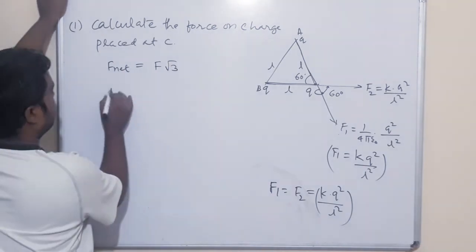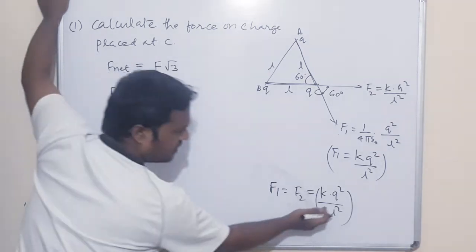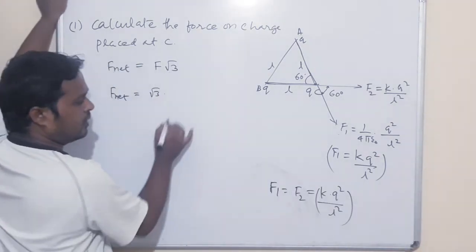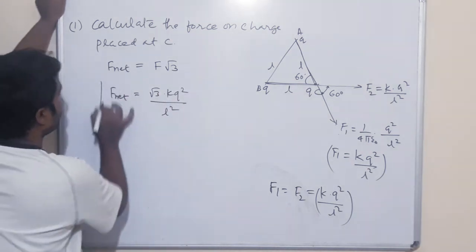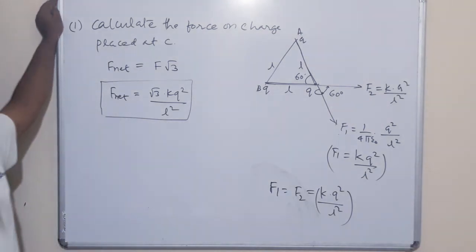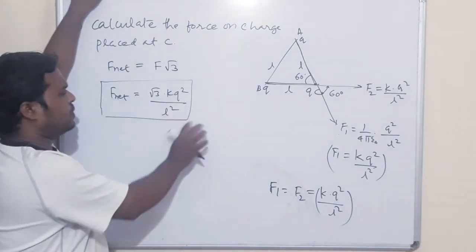F root 3. Then F net is equal to, what is F? What is F? This much. Then I write root 3 multiplied by KQ square by L square. In one step you can write net force, if you remember that table. Okay, this is root 3 KQ square by L square.